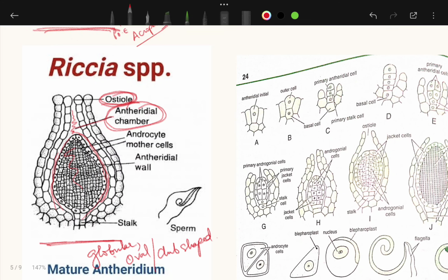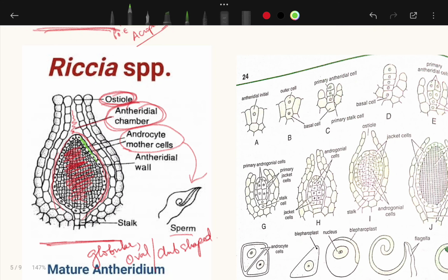Okay, and then the central part of the antheridium will consist of a mass of cells, and this mass of cells are known as androcyte mother cells, and these androcyte mother cells will give rise to the male gamete, that is the sperm. And then these androcyte mother cells will be surrounded by a single layer of cells.